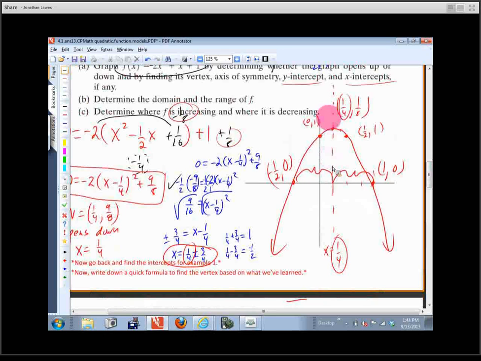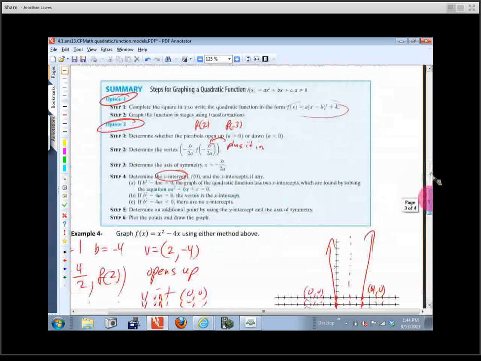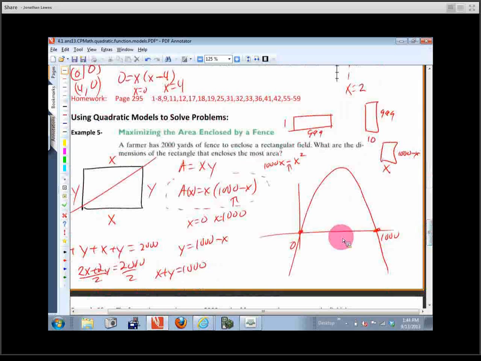We had the axis of symmetry right here, and on this particular one, we went over 3/4 and we went back 3/4. So if this crosses the x-axis at 0 and at 1,000, where's the axis of symmetry? At 500. And if that's the axis of symmetry, that's also the x-coordinate of the vertex. So what should x be to have the maximum area?